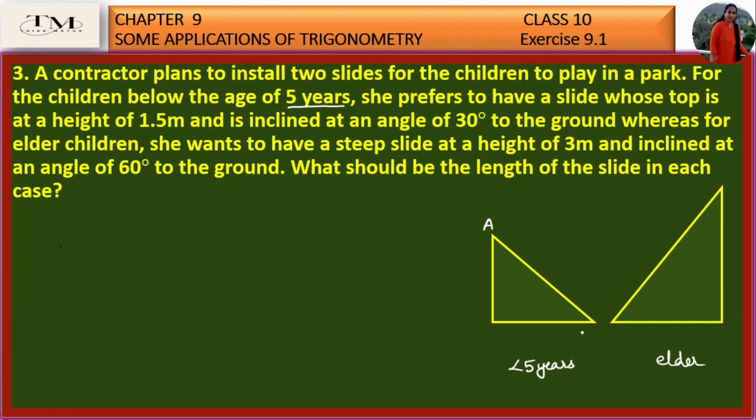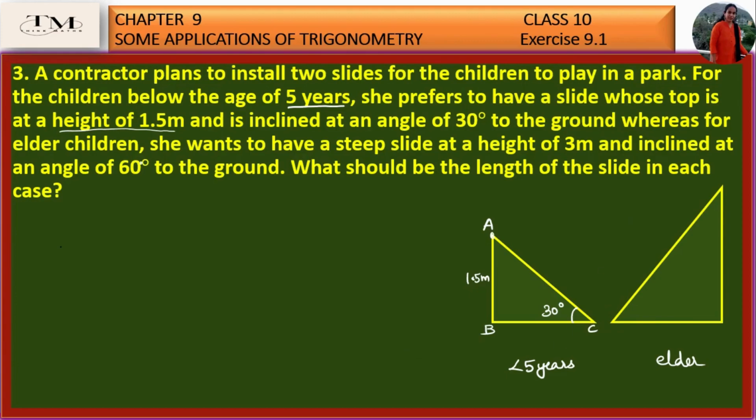Let me assume AC as the slide, whose top is at a height of 1.5 meter. So this is the top of the slide. Its height is 1.5 meter and is inclined at an angle of 30 degree to the ground. So to the ground, its inclination is 30 degree. So this point is B. So this is the right angle triangle for this first part.